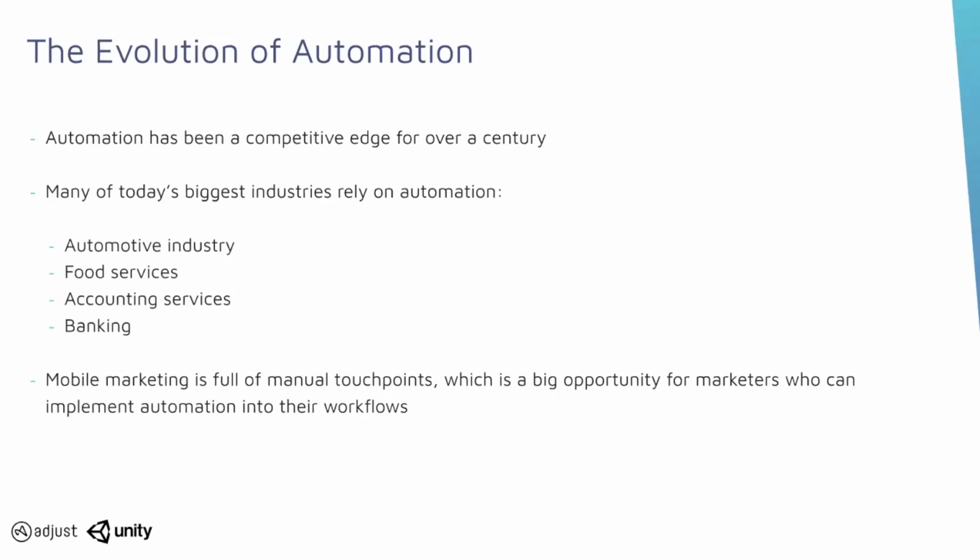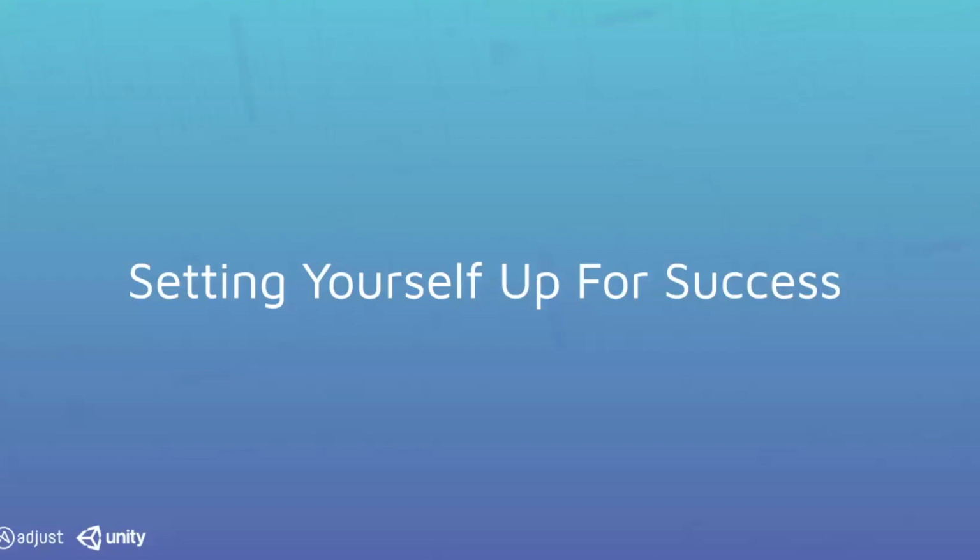Today, some of the biggest industries rely on automation, whether that's automotive, food services, accounting services, banking. Now, mobile marketing today is full of manual touch points, which we believe is a huge opportunity for marketers who can implement automation into their workflows to really improve their lives and improve their buys. So I'll kick it over to Andre to tackle how to set yourself up for success.